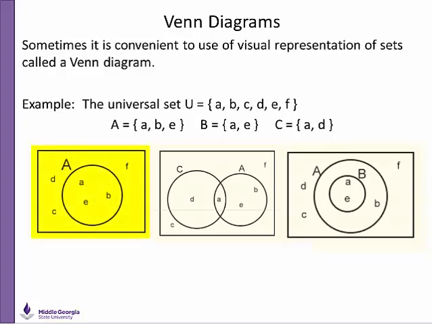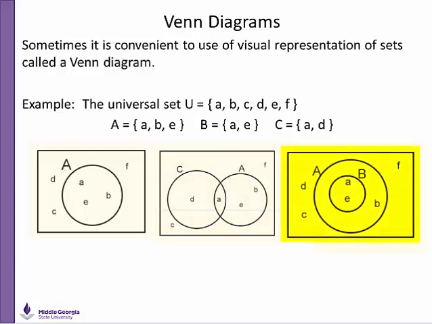The first Venn diagram on the left represents the set A that contains a, b, and e. The middle Venn diagram shows you both set A and set C, and they overlap, and a is in both. In set A, e and b are only in A, and in set C, d is in C but not in A, and c and f are in neither set A nor set C.